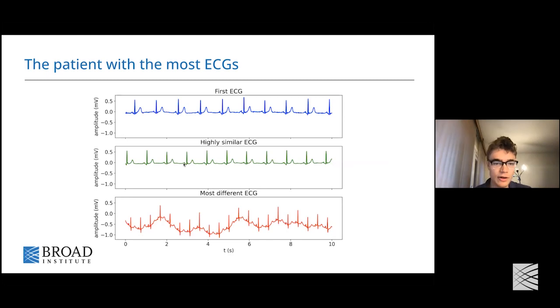And there are some differences in relative amplitudes, but overall they visually just look incredibly similar. And then that most different ECG, which was less similar than 0 according to the model, for one thing has a heart rate that's almost double, and also is an incredibly noisy ECG. So this is obviously super anecdotal, cherry-picked evidence, but I think it kind of shows what the model might be looking at.